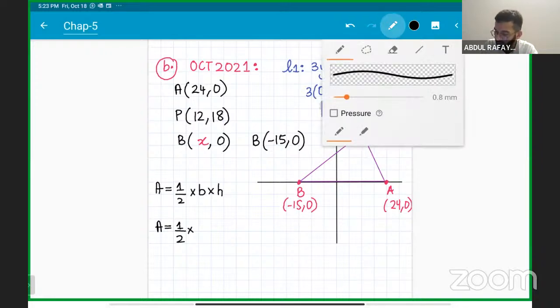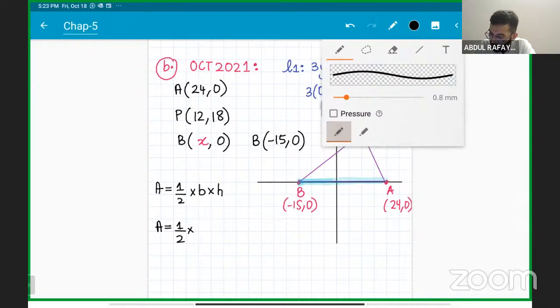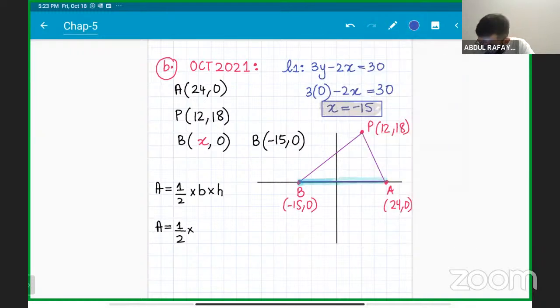If we talk about the base, minus 15 to 0 is how many units? 15 units. And 0 to 24 is how many units? 24 units. The base is 15 plus 24, that is 39 units.